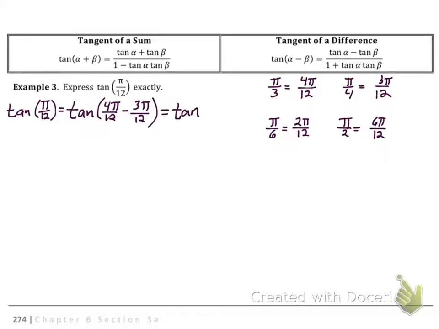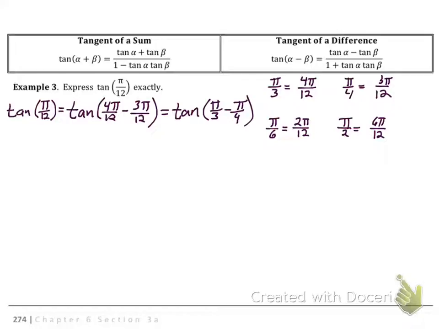So it would just be tangent of pi over 3 minus pi over 4. Pi over 3 minus pi over 4 actually equals pi over 12. I doubt you would have seen that unless you rewrote it.